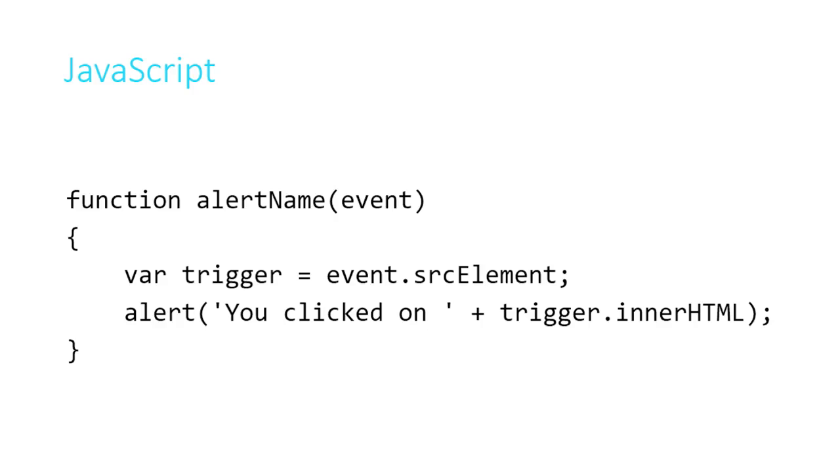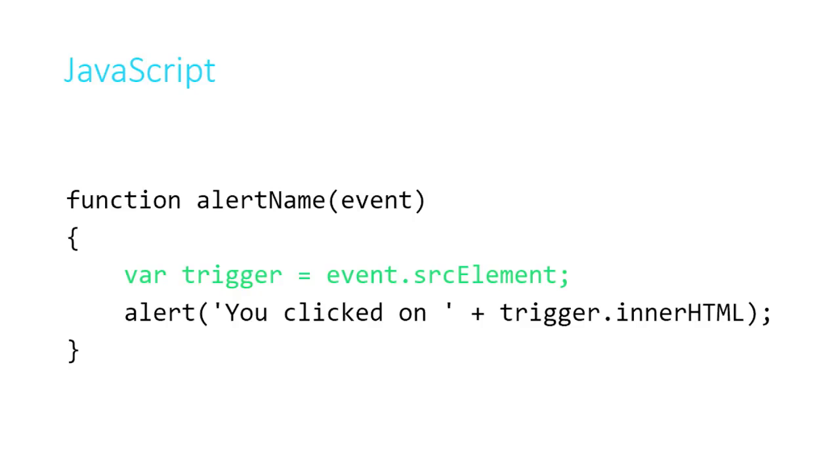And from that information, we can extract more information. So for example, here's what the alertName function might look like. And notice that here I'm also accepting an event parameter. What am I doing then? I'm creating a new JavaScript local variable called trigger, and I'm asking for that event's source element. What that is telling me is, what is the element on the page that was interacted with that triggered this event? Or put another way, what element effectively was passed in to this function?